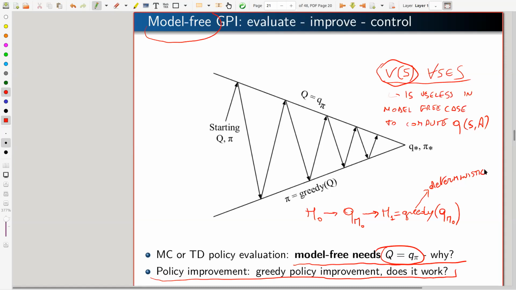Remember, in the model-free case, deterministic is bad. Why? Because all the methods we are looking at, in particular Monte Carlo, it is apparent, but also temporal difference methods, maybe I haven't said it explicitly, rely on the fact that every node we are interested in the evaluation phase is visited infinite times.